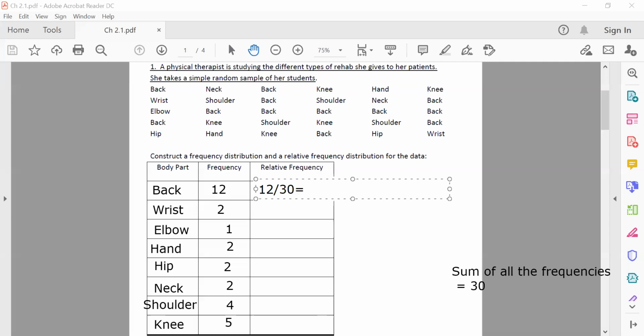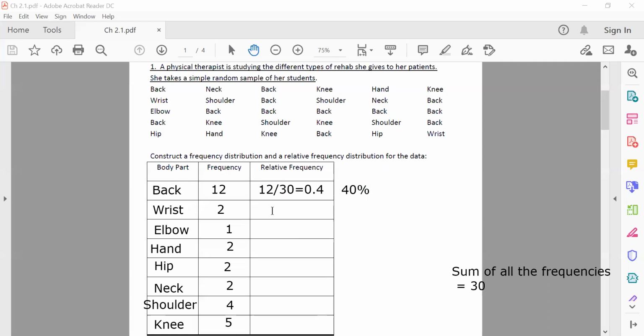Now, this is a calculator-friendly course, and I strongly suggest you start bringing your calculator, even now. And what we'll see is that the relative frequency for the back is 0.4. You could even say that's 40% if you converted that to a percent.